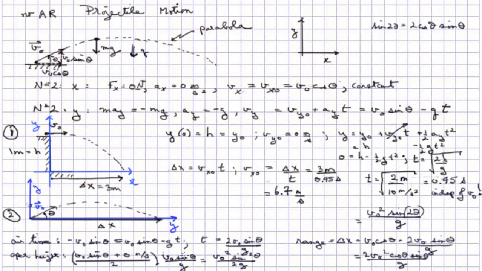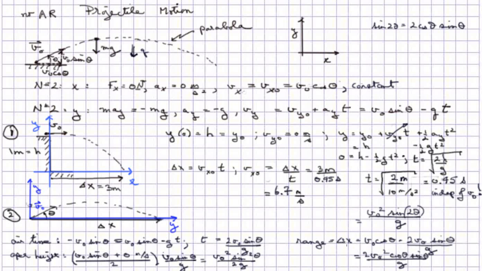Well, the air time to the apex is half of its full air time. In other words, there's equal time for the mass to get from here to here as there is for it to get from here to the ground. So I can take this and divide it by 2, which is what I've done. So the average velocity times the time taken, I'm using the last equation on your card now, is going to be this. And so I get a 2g downstairs, and upstairs I get a v naught squared sine squared theta.